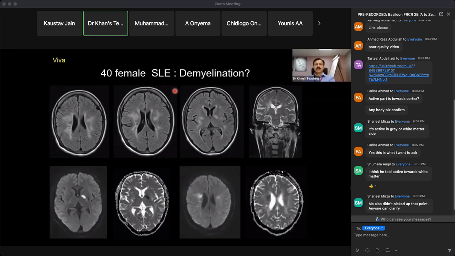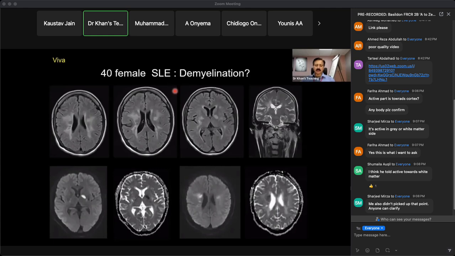Right, or vasculitis. Vasculitis. So remember that SLE, connective tissue disorder, is one cause of vasculitis, and there are many others. A neurologist will always do screening for connective tissue disorders when a patient presents with MS-like symptoms.